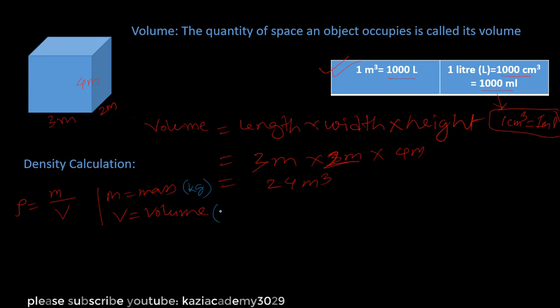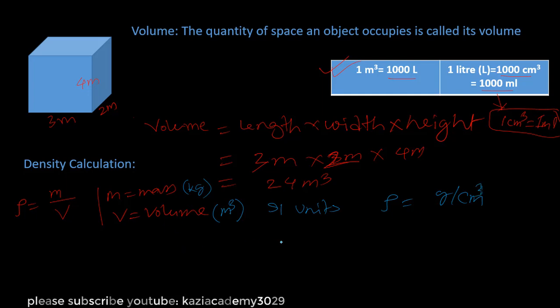The unit of volume is cubic meter, in case of SI units. So sometimes we see kilogram in gram, cubic meter in cubic centimeter. In that case, density rho will be gram per cubic centimeter.